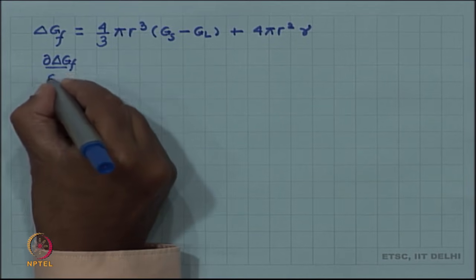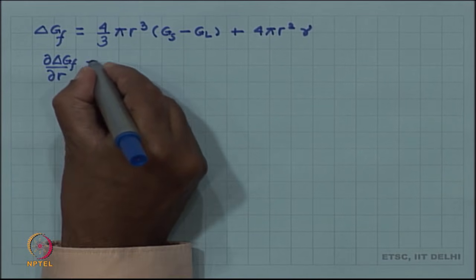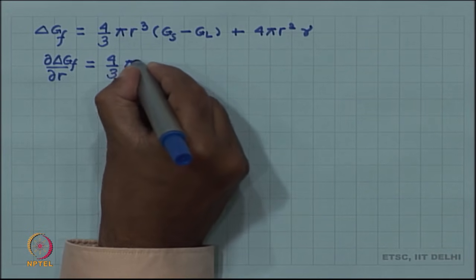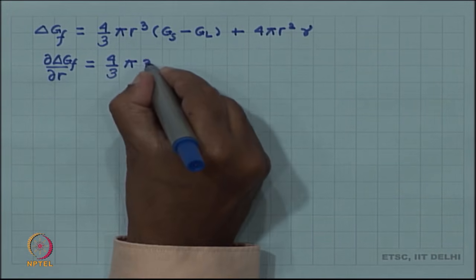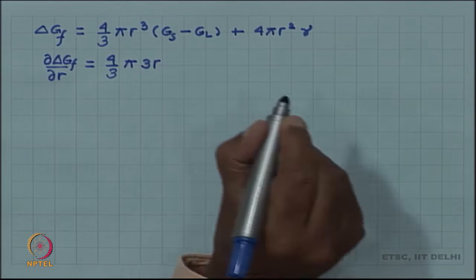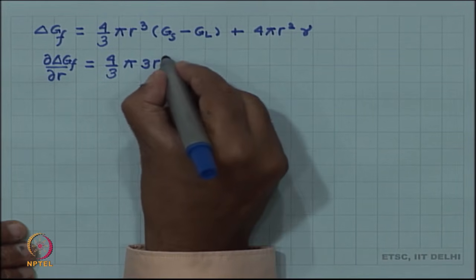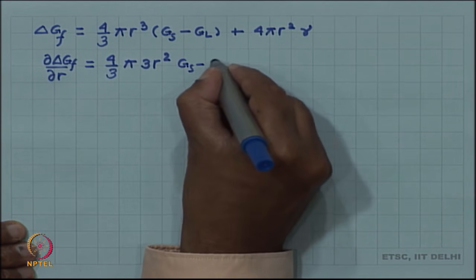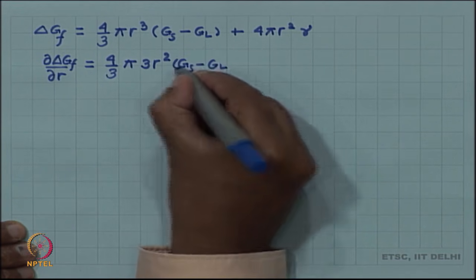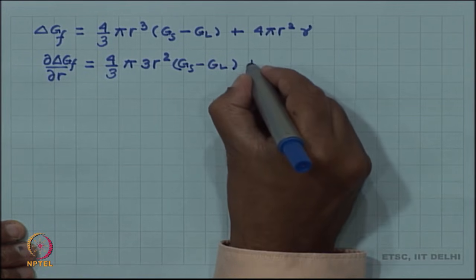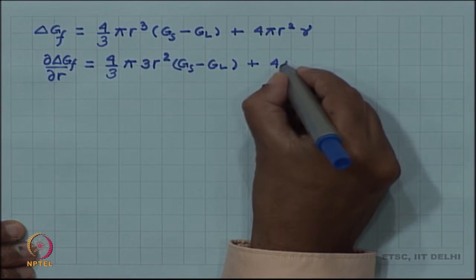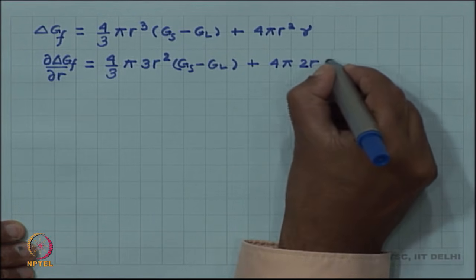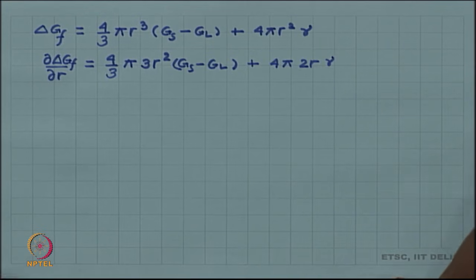If we differentiate this expression with respect to R, then we get 4 by 3 pi, the differential coefficient for R cube will be 3 R square, times minus GL, and then 4 pi, for R square we have 2 R as its differential coefficient, and gamma.